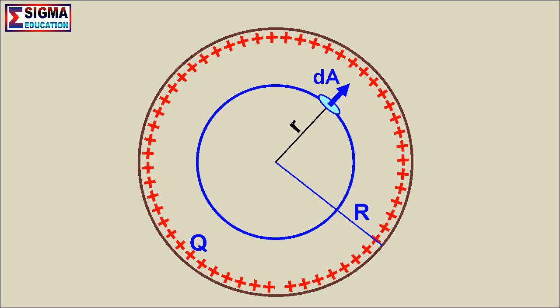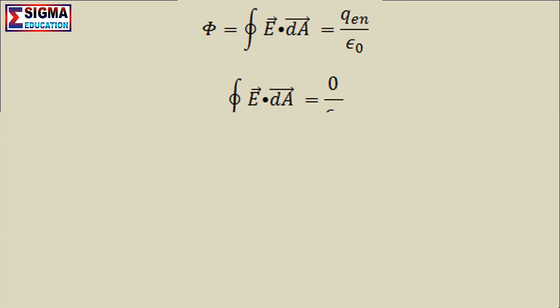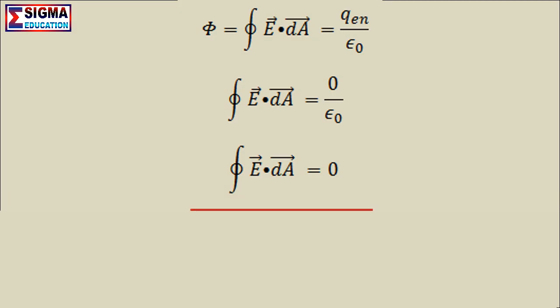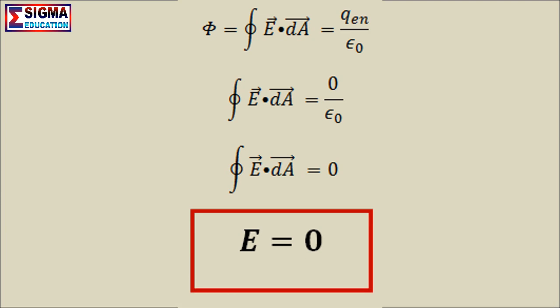Since the charge enclosed is 0, according to Gauss's law, the total outward flux through the Gaussian surface must be 0. Therefore, we get closed integration vector E dot vector dA equal to 0. It gives the electric field intensity inside the shell, capital E, equal to 0.